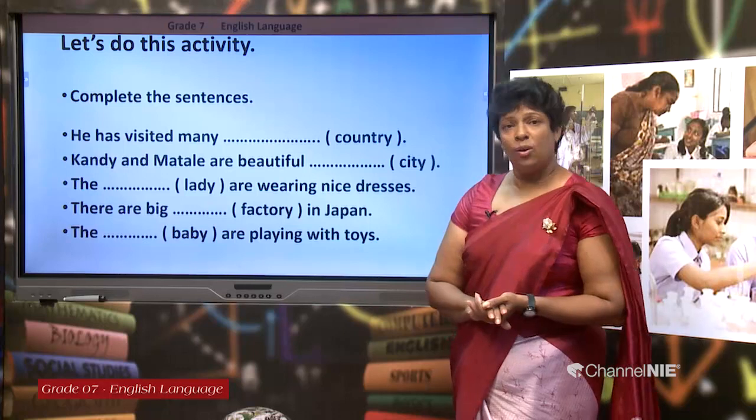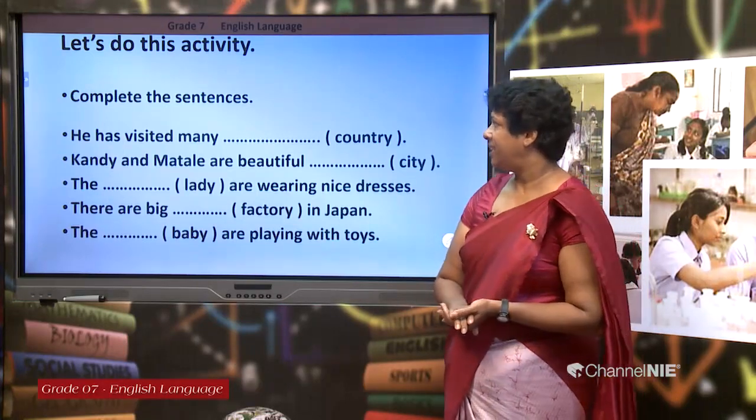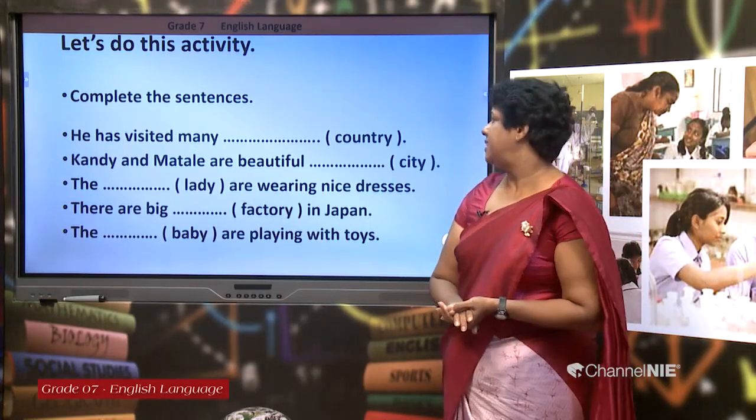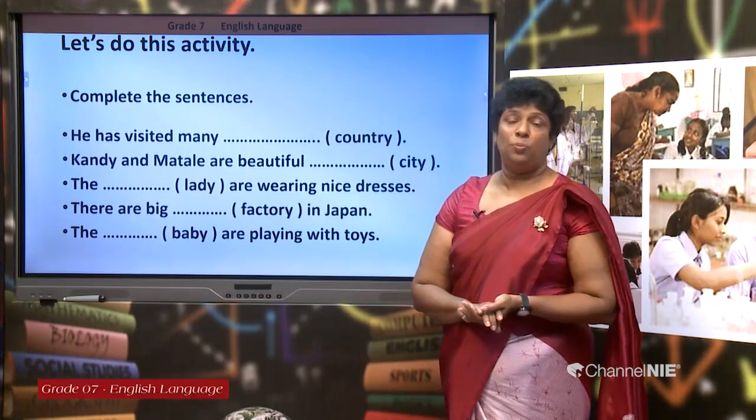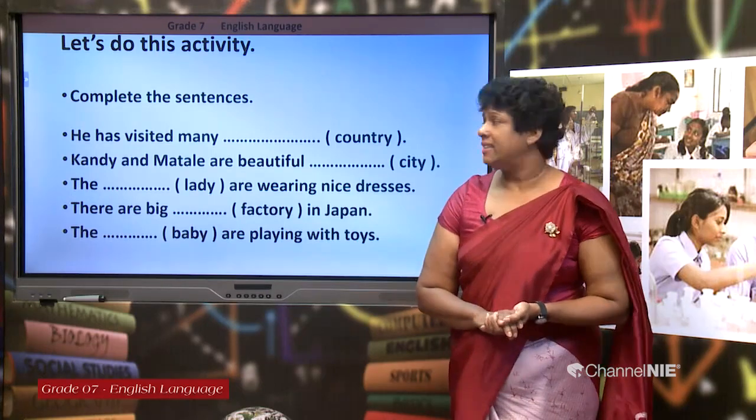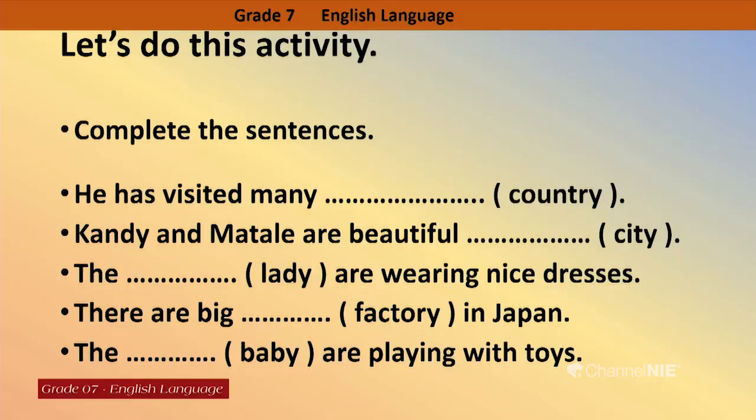Now, we are going to do an activity. Complete the sentences with the words that you learnt, to practice what you learnt. Look at the first sentence. He has visited many blank, within brackets you are given the word country. Candy and Marthalee blank are beautiful, within brackets you have city.